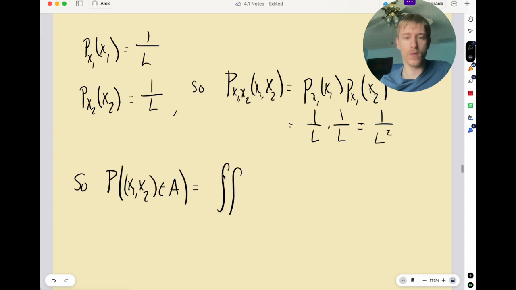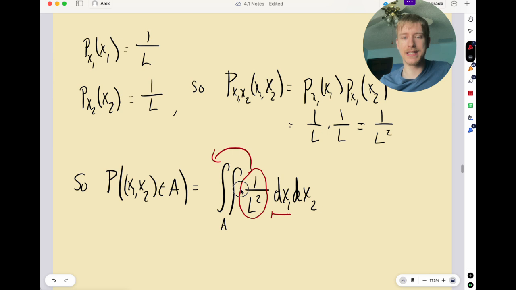So we have that the probability that the ordered pair x1, x2 lives in A is going to be the double integral over the region A of the PDF of the joint distribution dx1 dx2. But what I can do now is pull this constant out of my integral, and really dx1 dx2 is the same as dA.